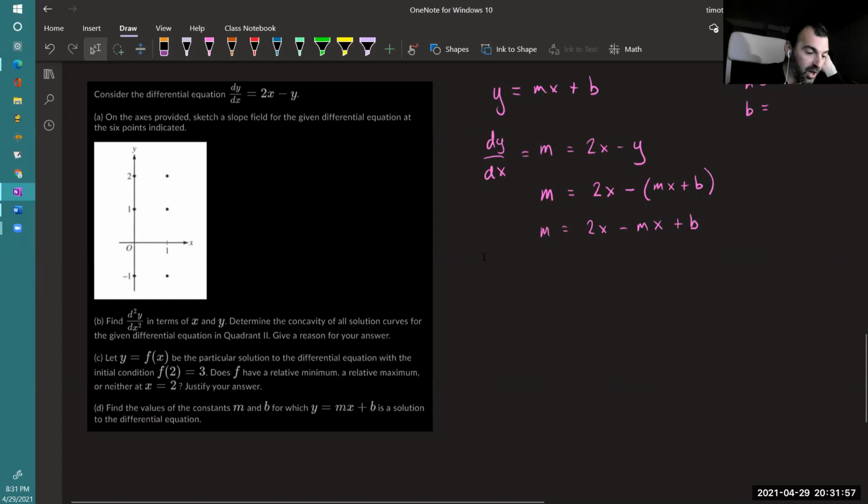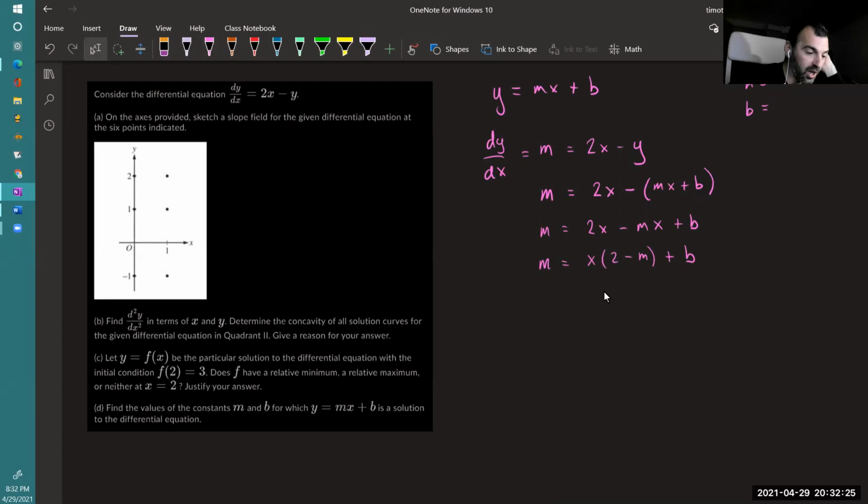If I have something that works for all x values, the x shouldn't matter. So I want to remove this x. How are we going to do that? I'm going to factor out my x and get x times (2 minus m) minus b.